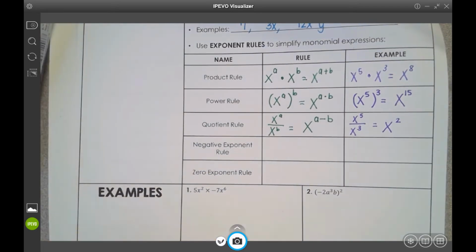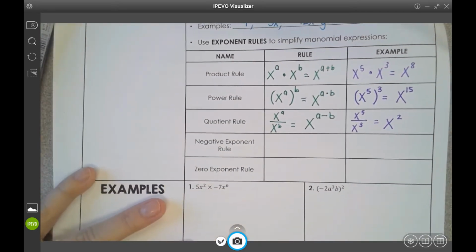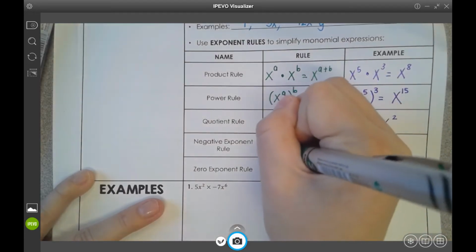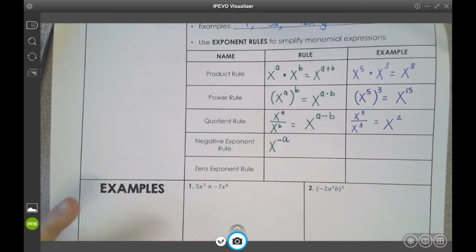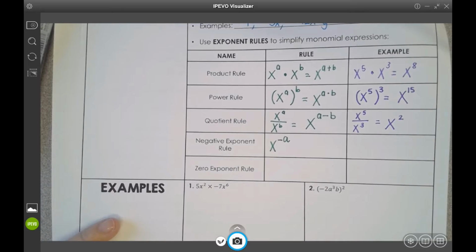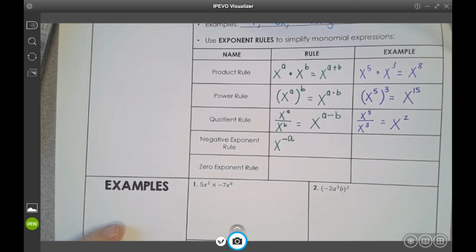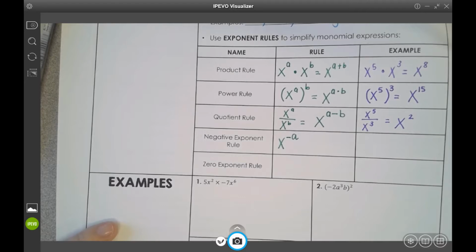Then we have something called the negative exponent rule. So let's say that I have x to the negative a power. We don't leave negative exponents. You don't leave an answer where there's a negative in the exponent.